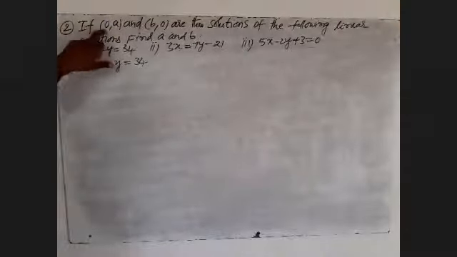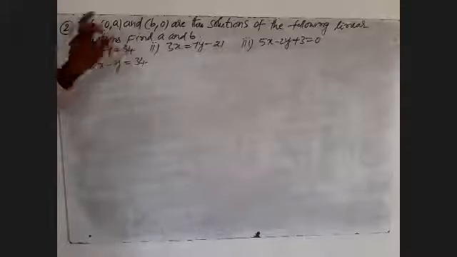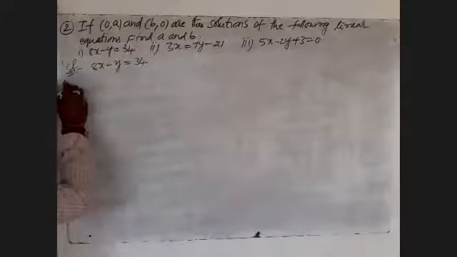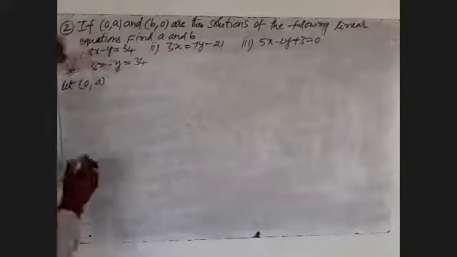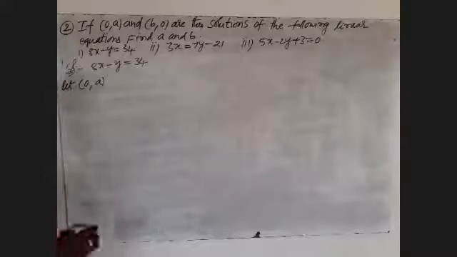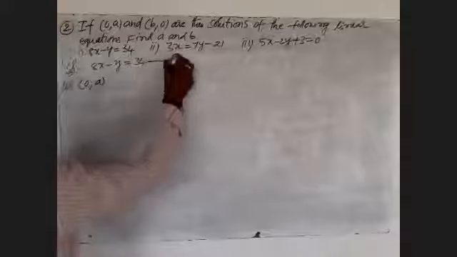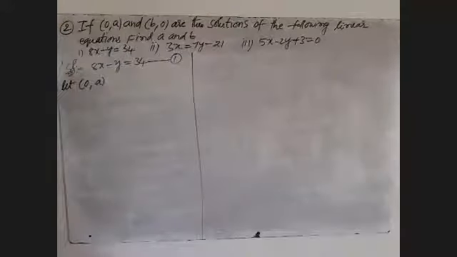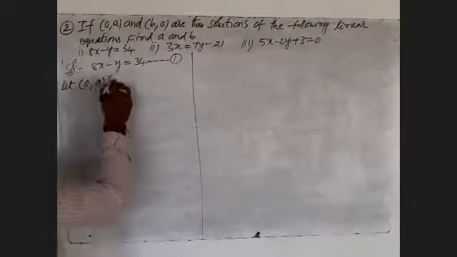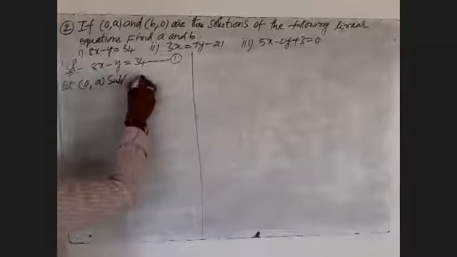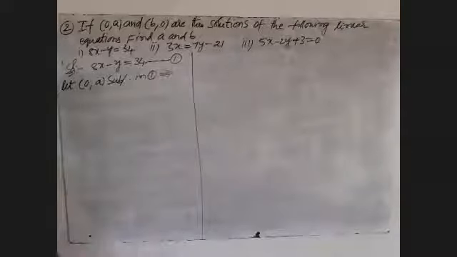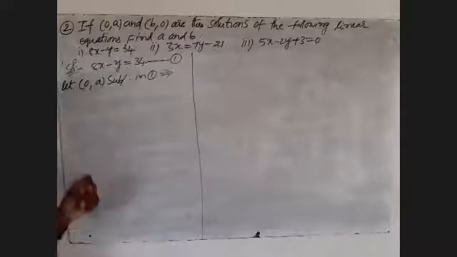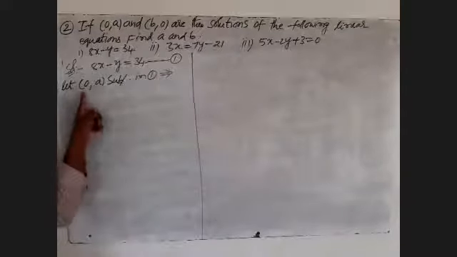First, I will take the point (0, a) and substitute it in equation 1. This is the ordered pair (x, y), where x is 0 and y is a.